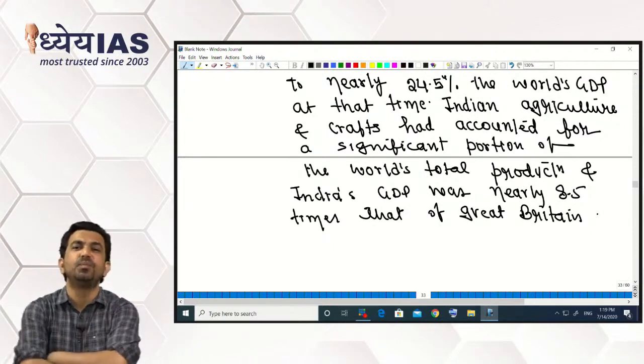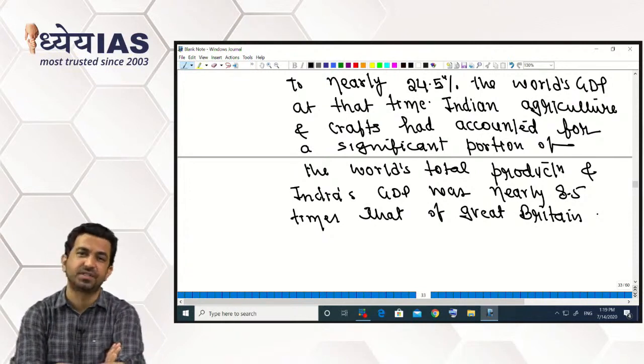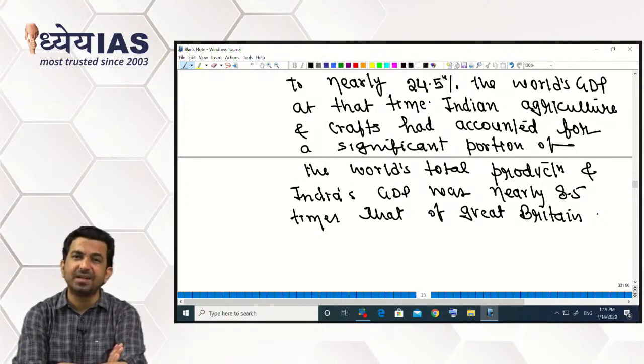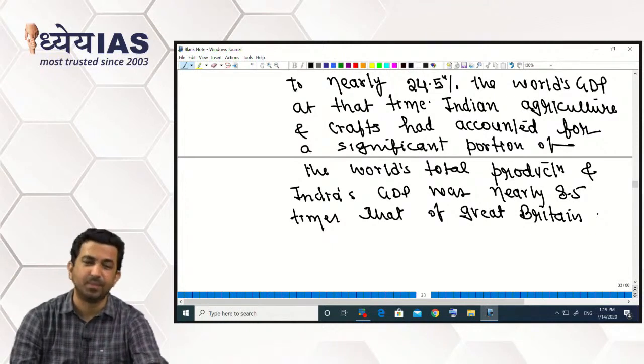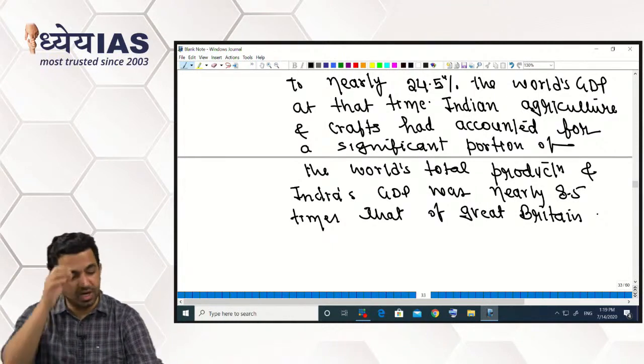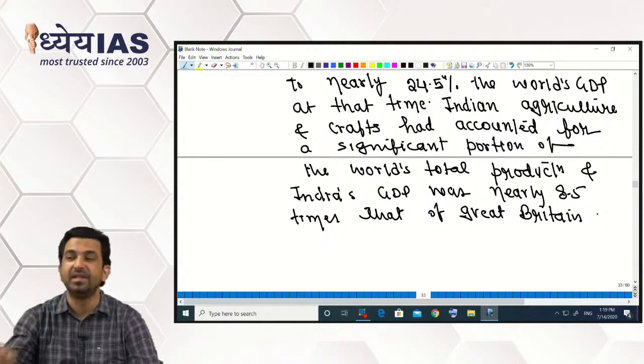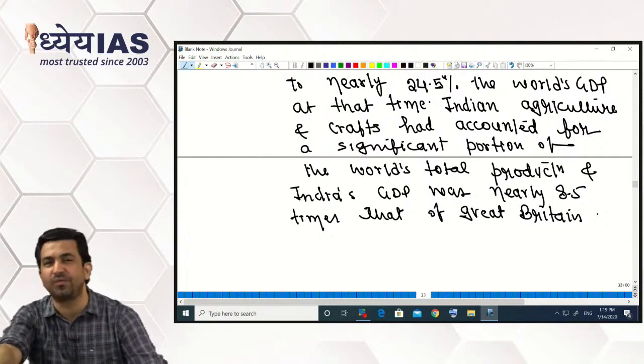They came to India to purchase Indian handicraft goods and spices, cotton cloths, silk cloths, steel swords, guns. So when they came to India, they purchased our goods and took them to the European market. They sold them there and made huge profit.